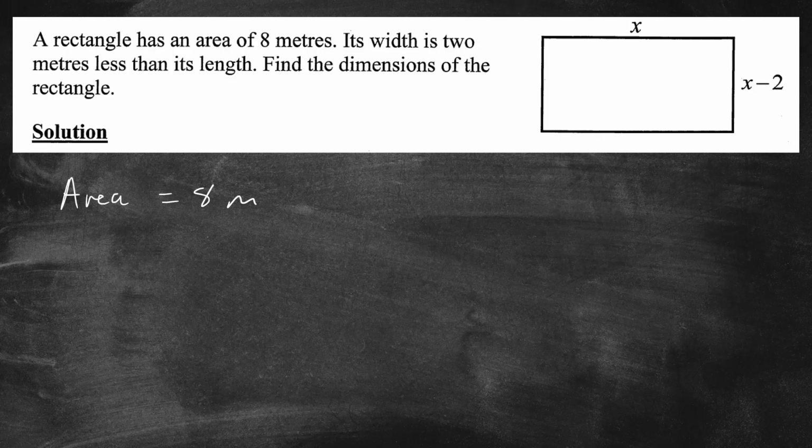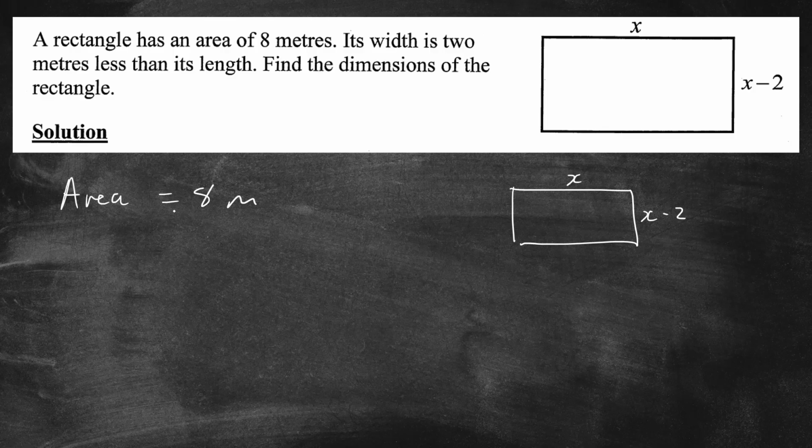So if they didn't give it, you obviously just start by drawing a rectangle. You make one of them x, either one, and then the width is 2 meters less. So it makes sense to make the length x and then the width in terms of the length, so it's 2 meters less. So x minus 2 should give you the width.